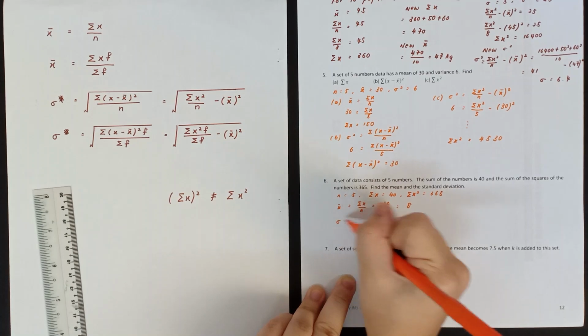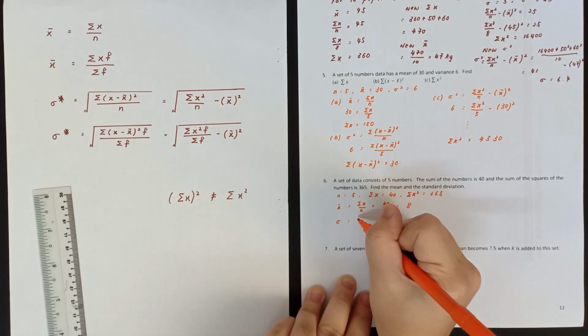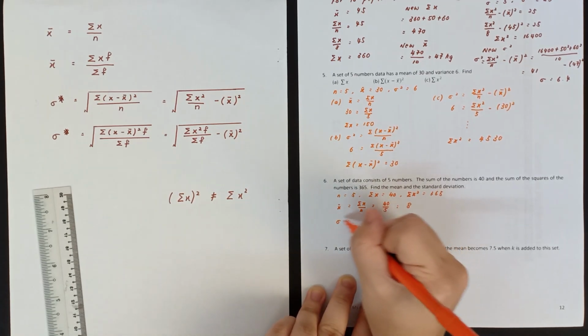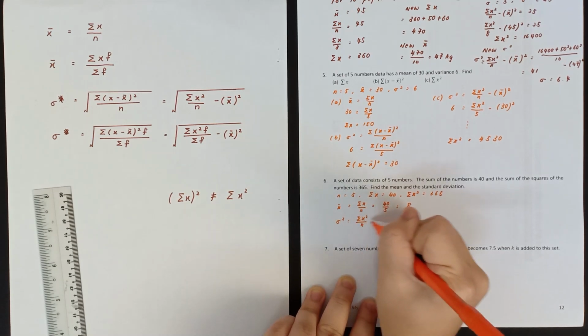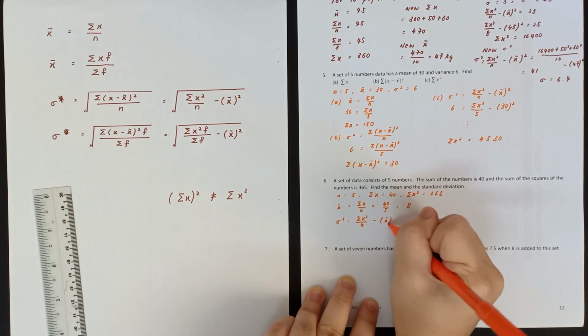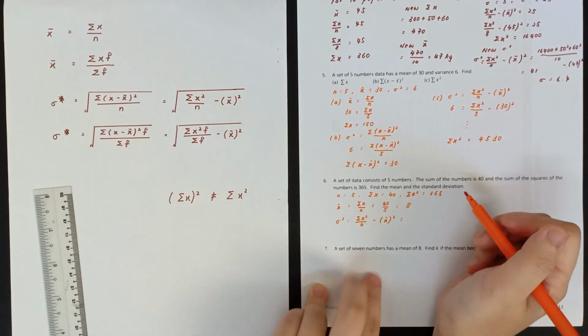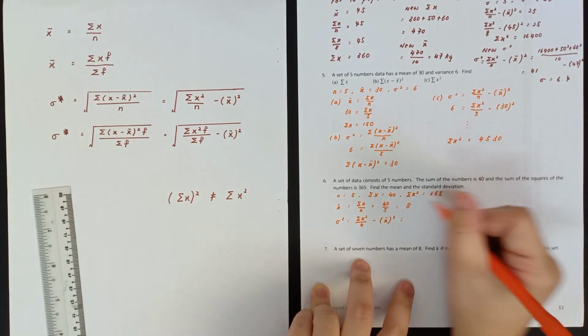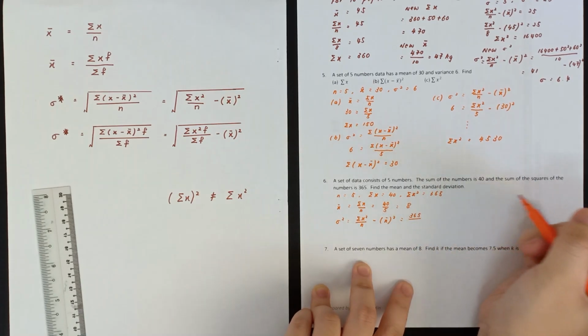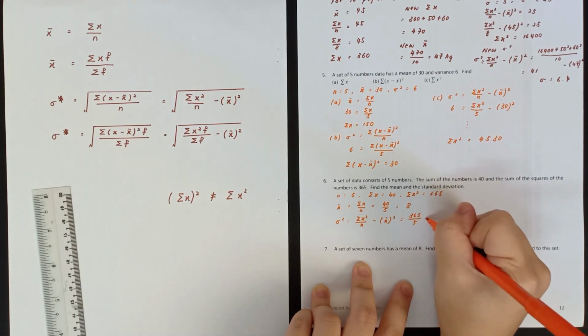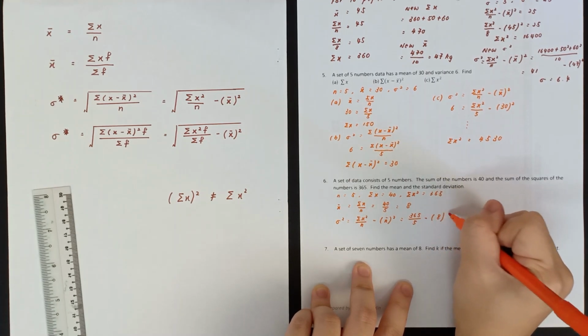Standard deviation: if you want to find the variance first, that also works. So let's do the variance first. Sum of x squared, 365, divided by n, you have 5 numbers, minus your mean, 8, squared.